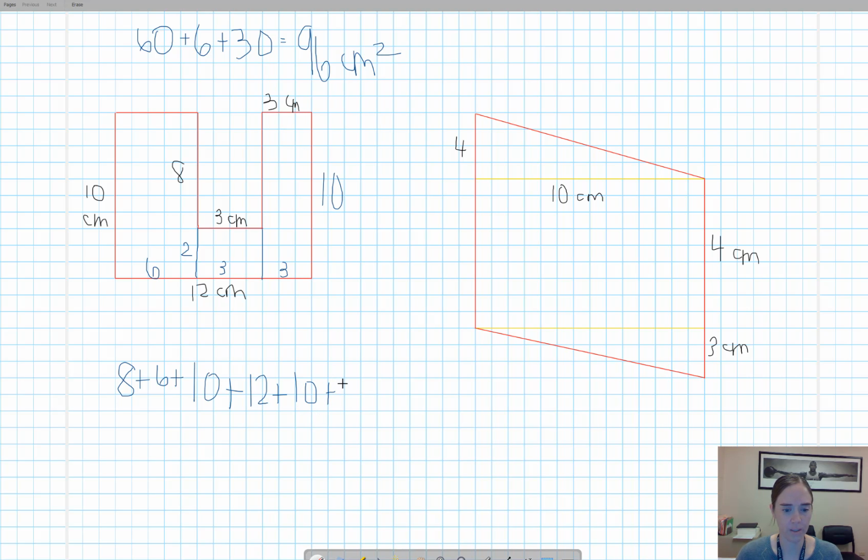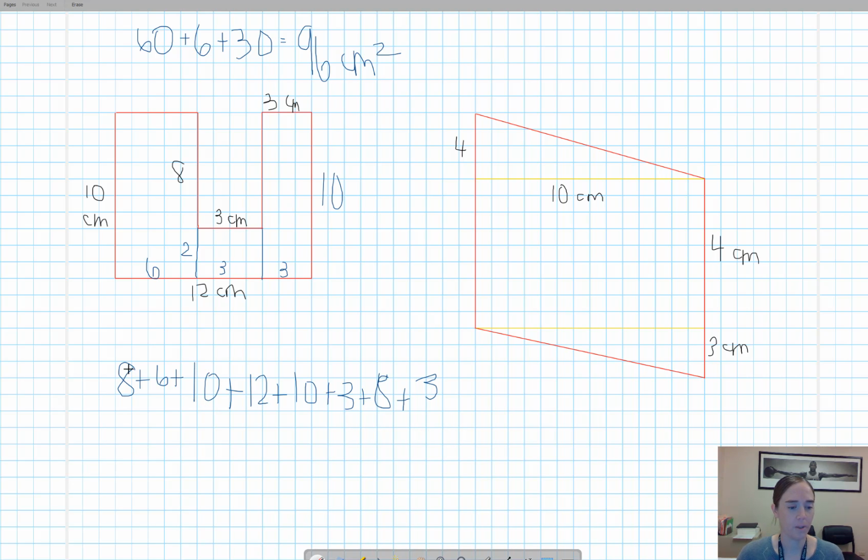That side is 3. Plus 3. Plus this is going to be the same as this one on this shape, so that would be 8. Plus, you just have this last side, which is 3. And this is the side I started with. Okay, so you have 8 plus 6 plus 10 plus 12 plus 10 plus 3 plus 8 plus 3.